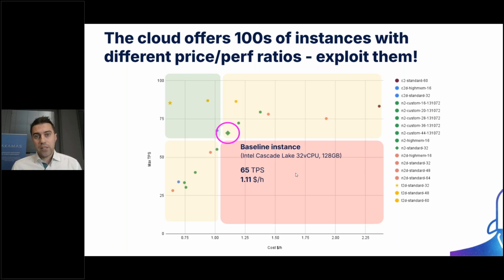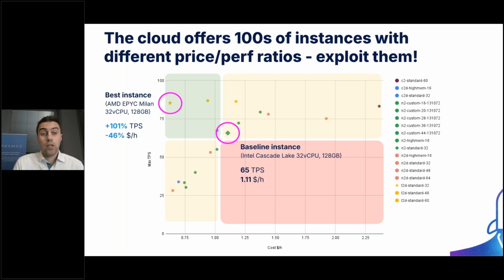When we started optimizing the application, what we found out is that by changing to a different instance, using a different architecture, AMD EPYC Milan, with the same amount of CPUs and the same amount of memory, we managed to not only double the transactions per second for this specific application, but at the same time cut down the cost per hour of that instance.